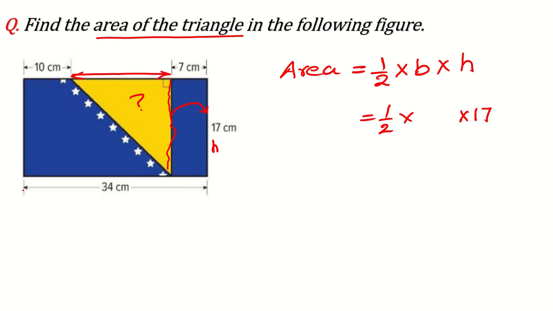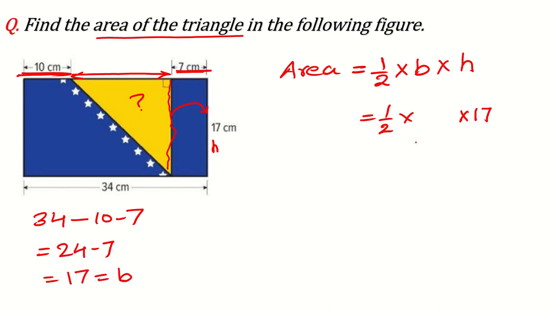This total line is 34, and from this 34 we subtract this part and this part, which are 10 and 7. So 34 minus 10 is 24, and 24 minus 7 is 17. So this is the value of the base, also 17.